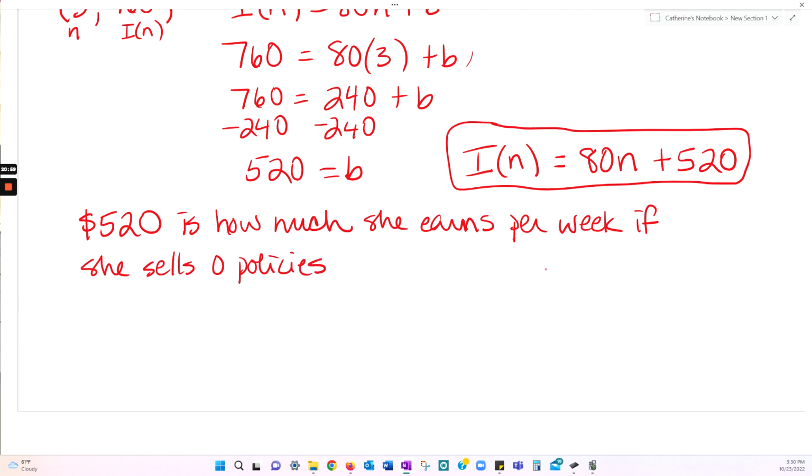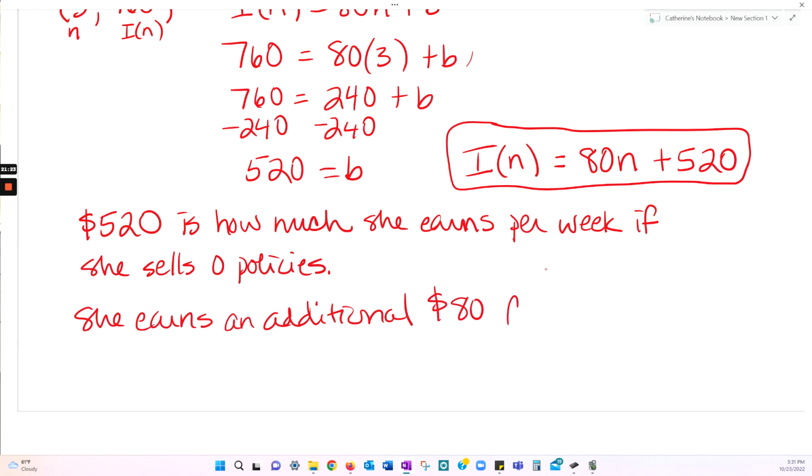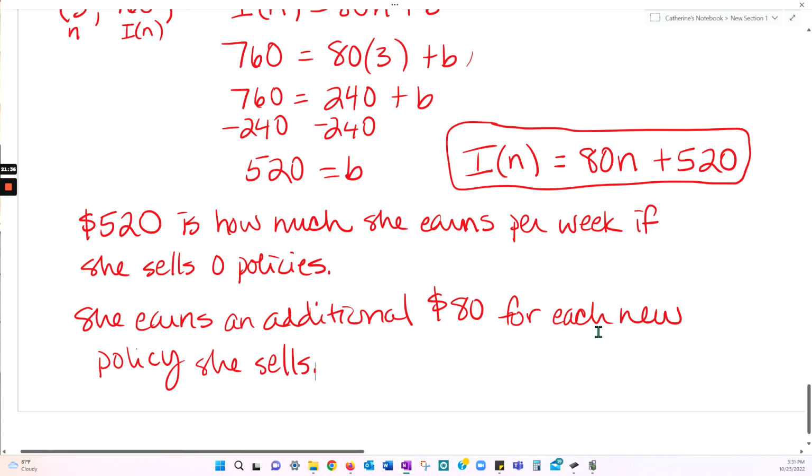You could say it multiple ways. And then 80 is how much she gets on top of that base pay per policy. So she earns an additional $80 for each new policy she sells, something like that. Okay, so that's it.